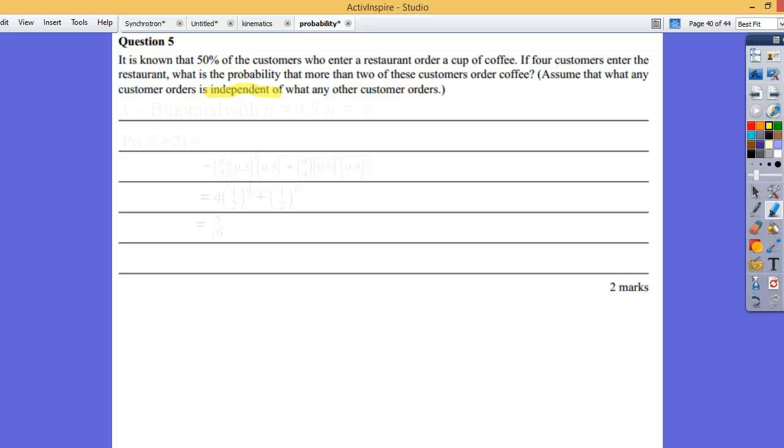That is quite characteristic of a binomial distribution. So the first step is to identify that we've got some random variable X that is a binomial random variable, and we have a probability of an outcome, which in this case is 50% of customers who enter a restaurant ordering a cup of coffee. And we've got the number of trials, in this case 4 customers.